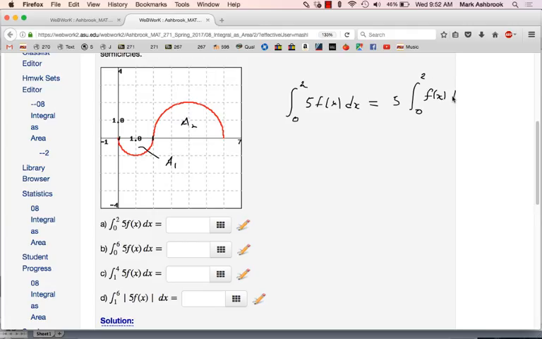So 5 times what related to A1 or A2 would give us this answer? For instance, A1 plus A2 would be one possible answer. Just A1, so it'd be 5 A1. Is that right?